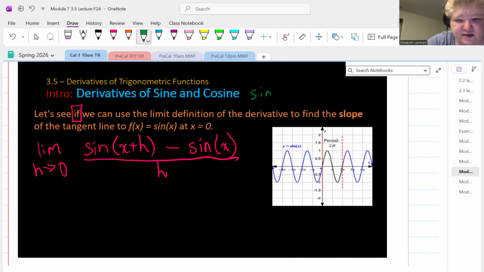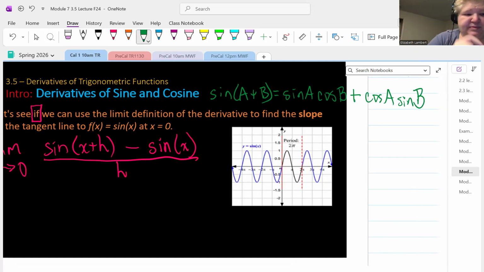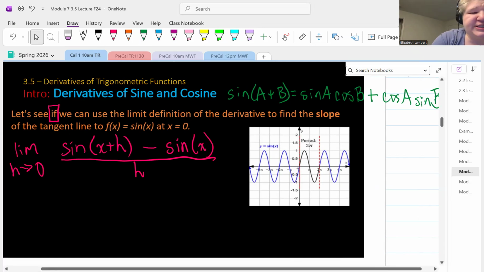But if we have the sine of a plus b, that is the same as sine a cosine b. Sine stays the same, so it is plus cosine a sine b. So I'm going to make that substitution here.